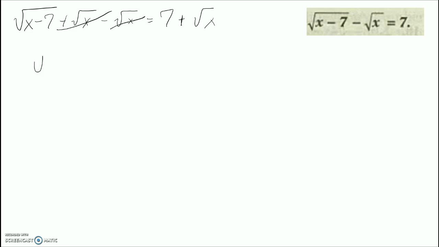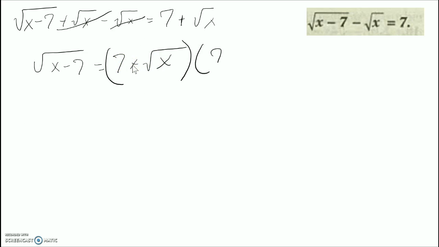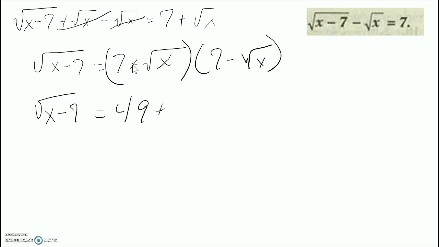So those cancel out. Now again, we're going to square it. I've FOILed that, leaving us with x minus 7 equals 49 plus 14 square root of x plus x.